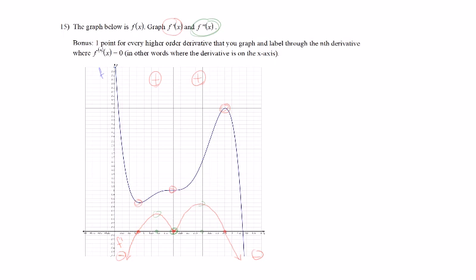So that means it's going to be positive, between here and here. So it's going to be above the x-axis. In this interval, the function is going down to the right, so it's going to be negative. Okay. This interval is going up and to the right, so it's going to be positive. Here, it's going down again in this stretch, so it's going to be negative.